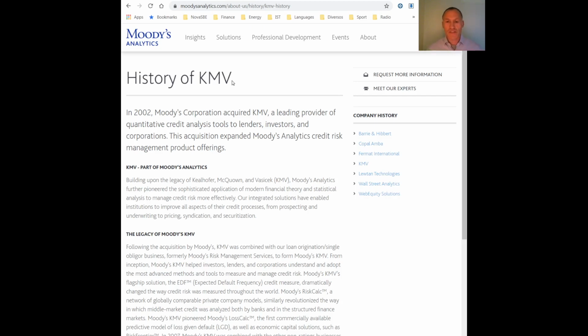So Moody's is in this interesting business where they sell credit ratings, and at the same time they also sell this output of KMV, which is essentially a probability of default. And this probability of default has actually become the gold standard in probabilities of default. It has been a really successful product, a really good example of theory applied to reality.